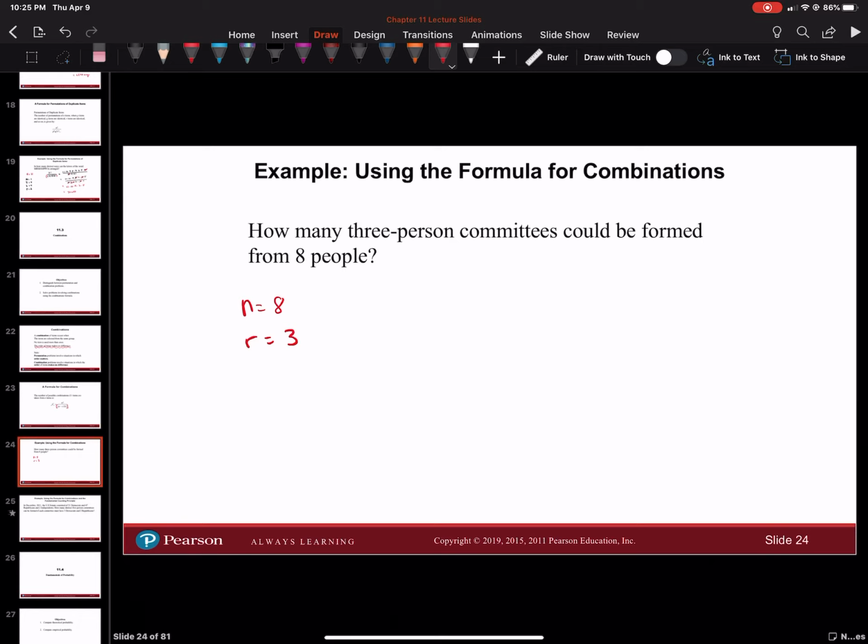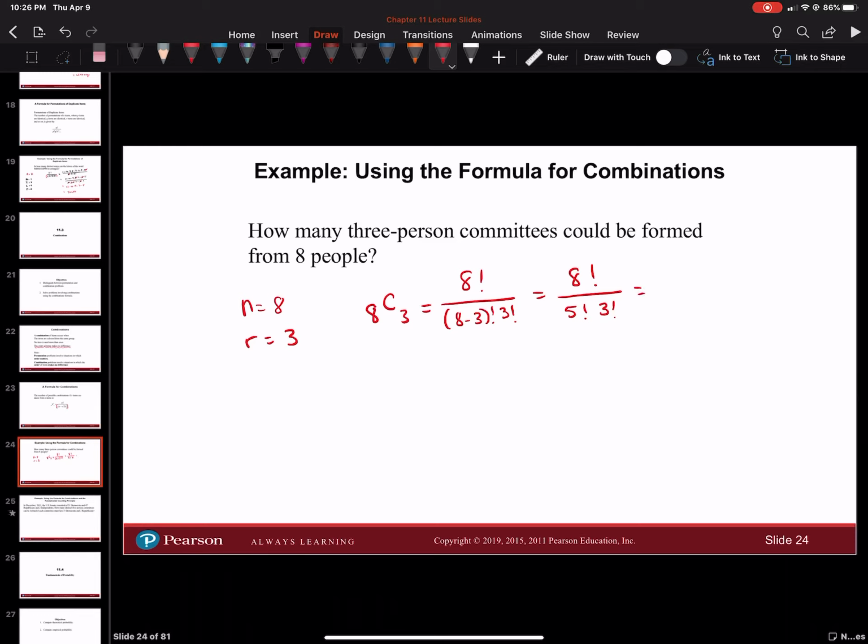Now, order does not matter because everybody is on the same playing field, so this is a combination problem. So it's 8C3. We have 8 factorial over 8 minus 3 factorial times 3 factorial. So it's 8 factorial over 5 factorial times 3 factorial.